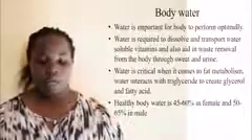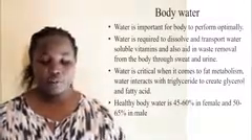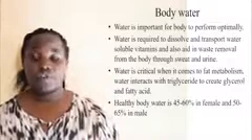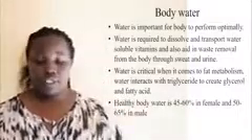Body water. What about body water? Water has a lot of functions in the body, and it is crucial when it comes to fat metabolism. A healthy body water for a female should range between 45 to 60%, while in males it ranges between 50 to 65%.